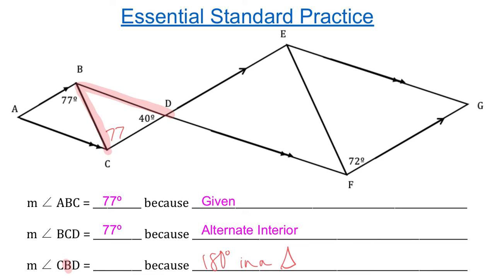To calculate this, you can combine the 77 and the 40 together, which would be 117. And if you subtract that from 180, you'll get your answer, which is 63. So this angle is 63.